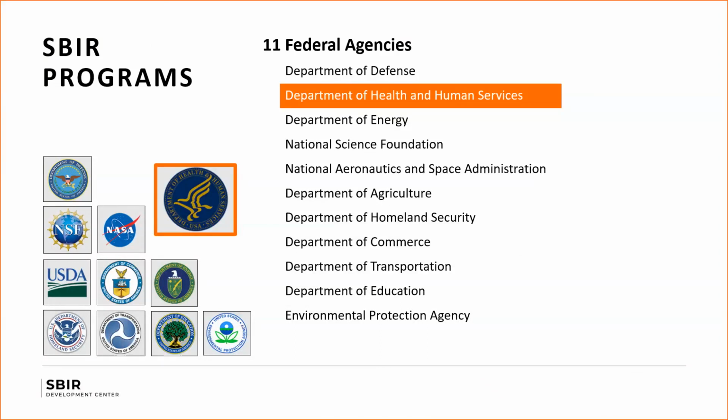DOD is the largest. I haven't kept track this year, but their SBIR program has generally been several hundred million dollars more than ours. At NIH, our SBIR program is just over $1 billion. So DOD is quite a bit of money through their SBIR program also. They administer theirs a little bit differently, but it's definitely an interesting program.